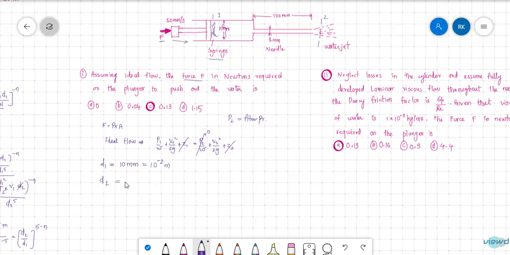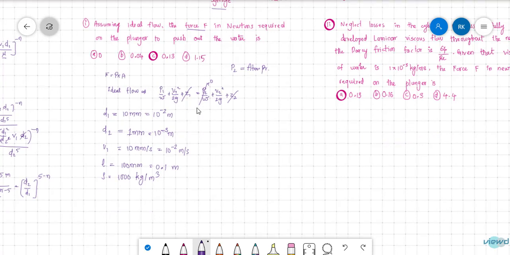Diameter D2 is equal to 1 mm, which means 10 power minus 3 meter. Now again, what is the data given? V1 is given. V1 is equal to 10 mm per second. That means 10 into 10 power minus 3, that is 10 power minus 2 meter per second. And length of the needle is equal to 100 mm, which means 0.1 meter. And what else is given? Density is equal to 1000 kg per meter cube. Density of water is given.